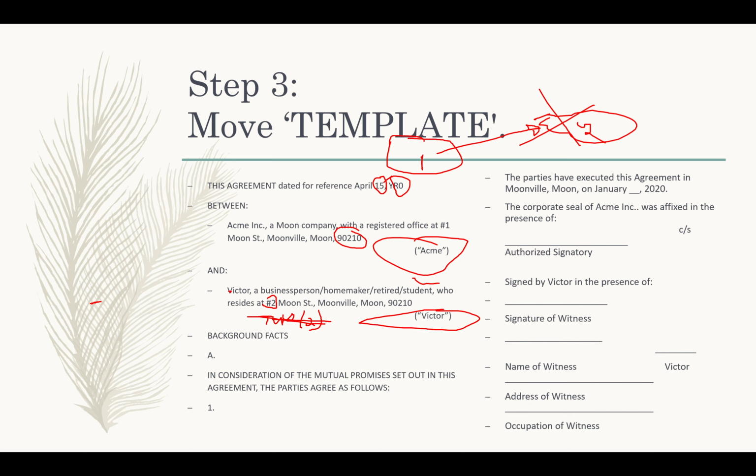The other thing to keep in mind is to avoid vague terms. So we want to be on point as much as possible. We want to avoid things like X will give Y reasonable notice of Z if possible. We want to avoid that. So what is reasonable notice?